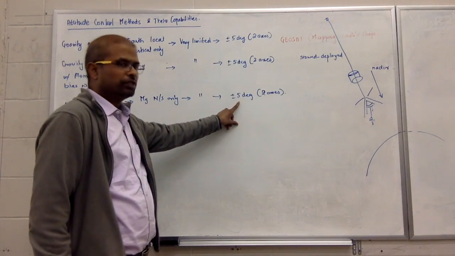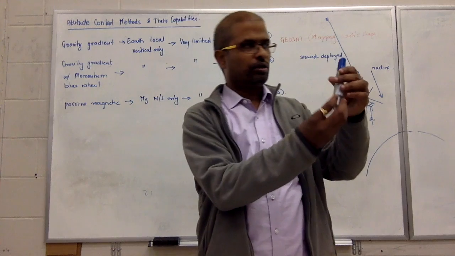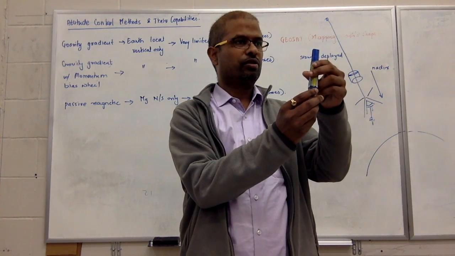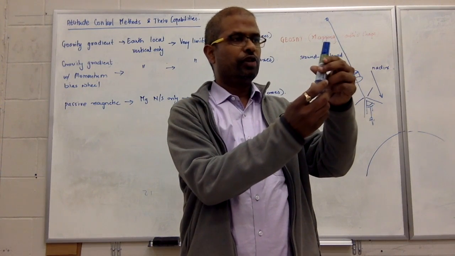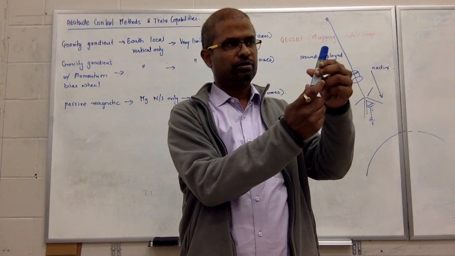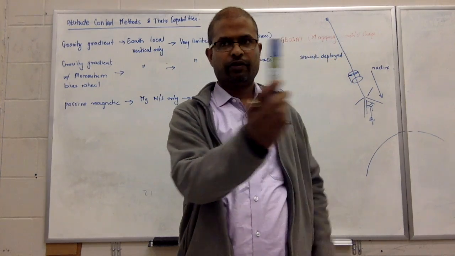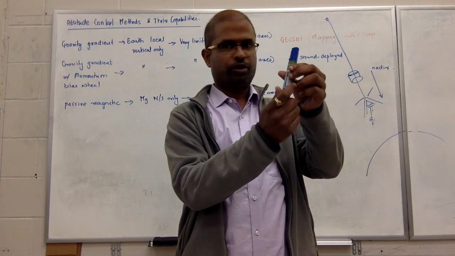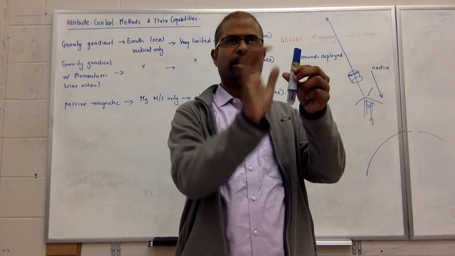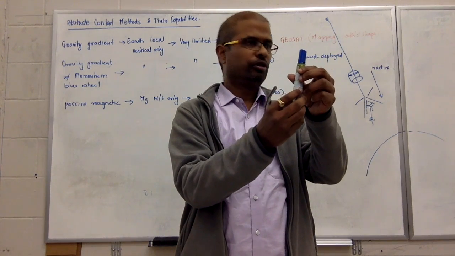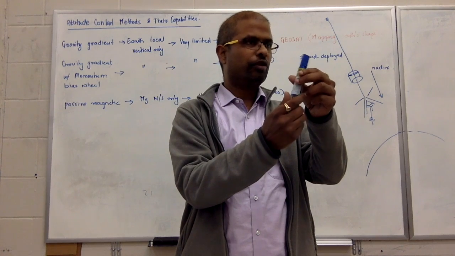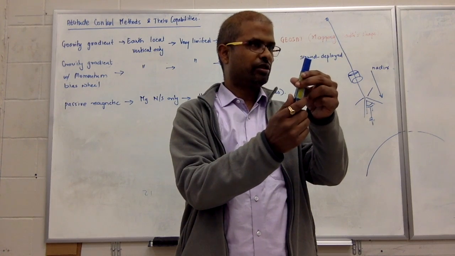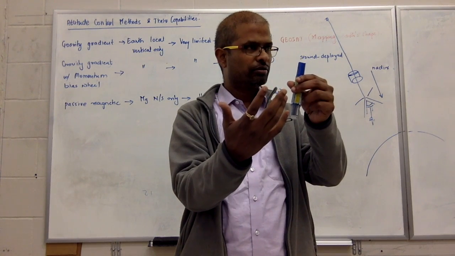Here also, if you have north-south, always try to understand this. Can you do anything about this rotation? The magnet is here. You cannot do anything about the rotation about that axis. If it rotates, it will keep on rotating about that axis. How do you counter this?